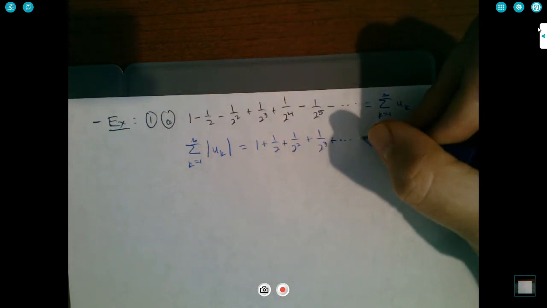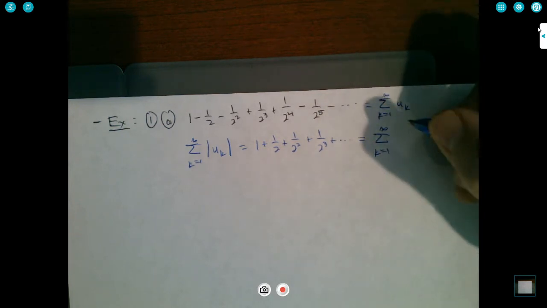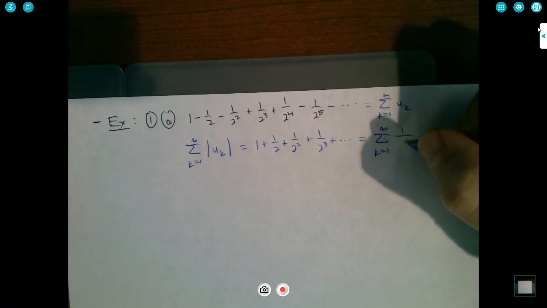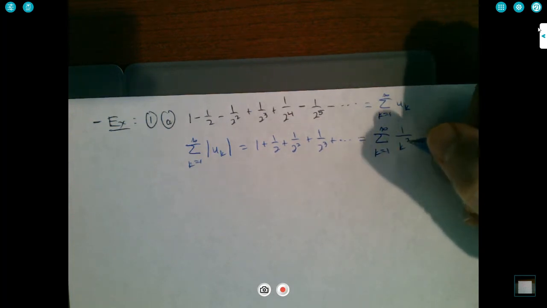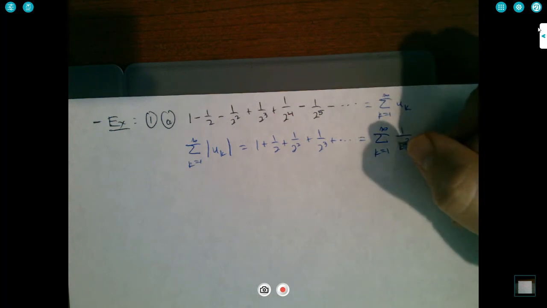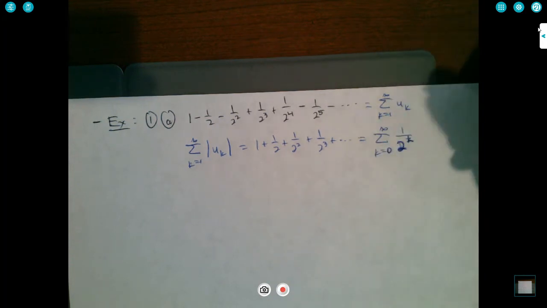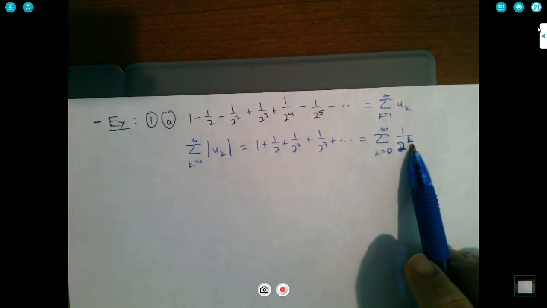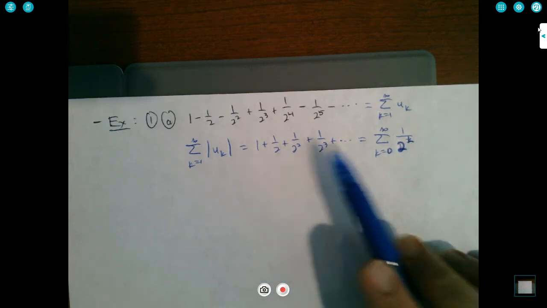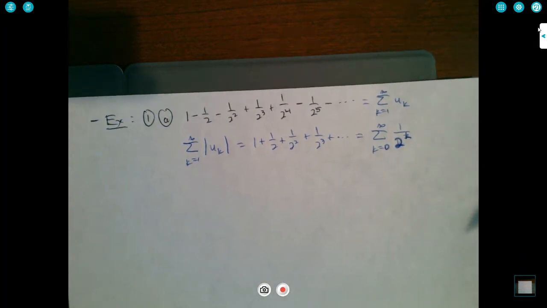And this is just the series of 1 over 2 to the k. I suppose we're starting at 0, actually. Then 2 to the 0 is 1, 2 to the first is 2, 2 squared, 2 cubed. Okay, so this is 1 over 2 to the k.